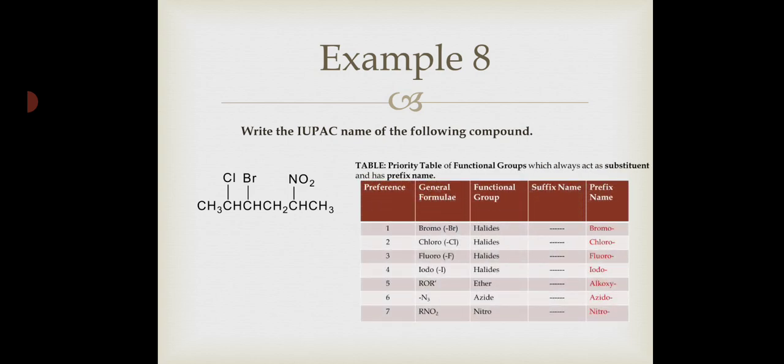Halides get preference over the nitro group. So the numbering should start from the left-hand side, keeping in mind the alphabetical order. The name of the compound, guess what it will be? It is 3-bromo-2-chloro-5-nitrohexane.